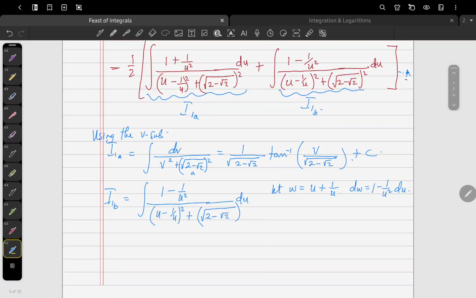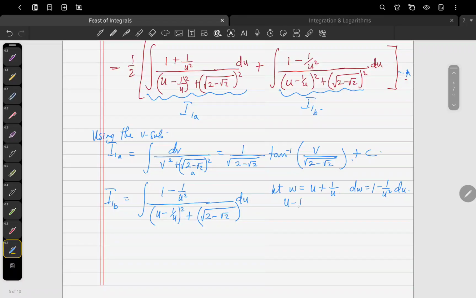Okay. Let's think about it. U minus 1 over u all squared. Well, if w is u plus 1 over u, then what is u minus 1 over u squared? I want to write it in terms of w.